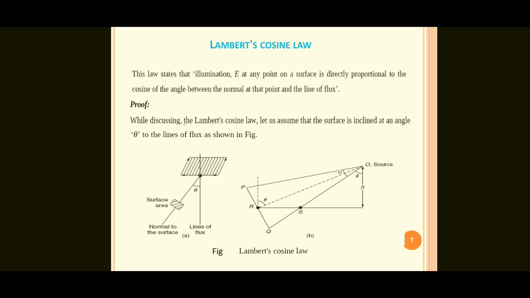So from Lambert's cosine law, the final equations are I by d square cos theta or I by h square cos cube theta. So any one we have to take. In problems these are the important ones, either theory or problem we may expect.